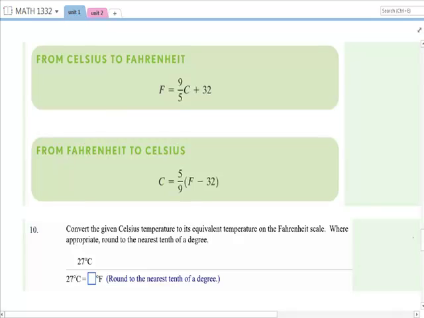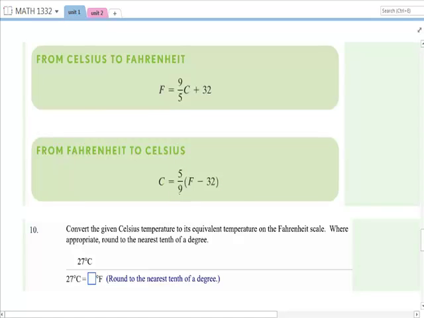All right, these two formulas are on your conversion packet at the bottom. You notice that if you have Celsius, you take 9/5 of it, and then you add 32. If you have Fahrenheit, first you subtract 32, and then you multiply by the reciprocal, which is 5/9.